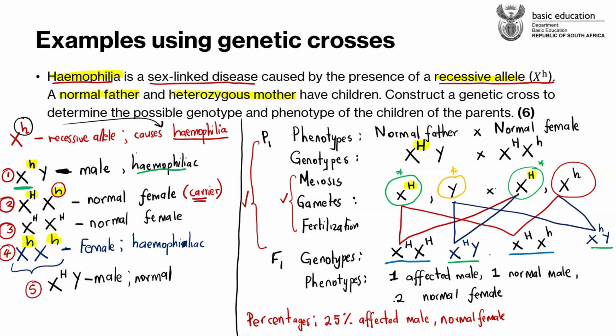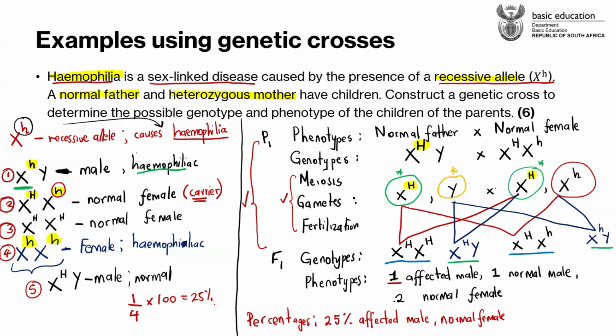How did we work that out? You guys can see this is one affected male out of 4 combinations. Remember, we always have 4 genotypes at the end of the F1 generation. So here we have one male that is affected out of 4 possibilities multiplied by 100. That's going to give you 25%.